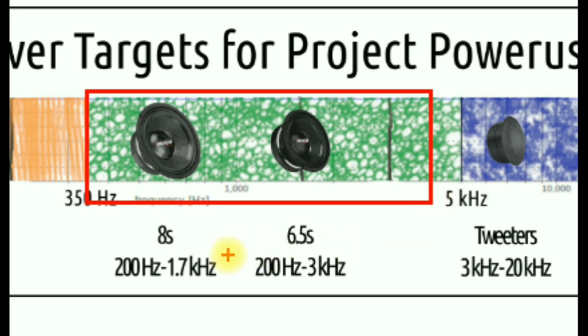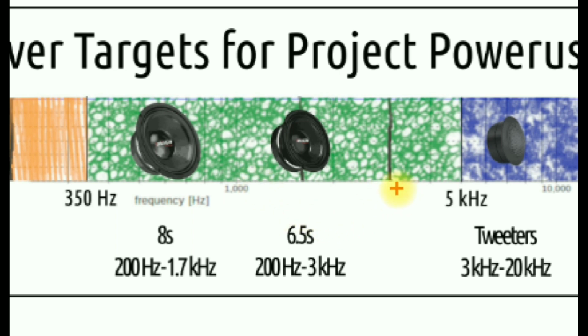That's where the 8s and the 6.5s have some overlap going on. Overlap is how we cause an acoustic crossover to not happen. So this is a compromise. Normally I would not set up a system to intentionally have this overlap, but it's something that we have to deal with as a limitation.